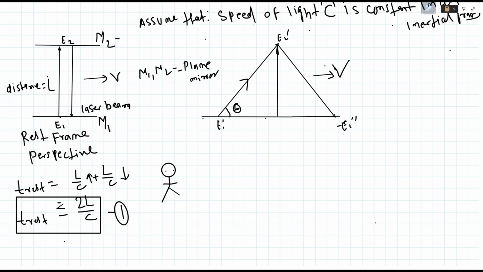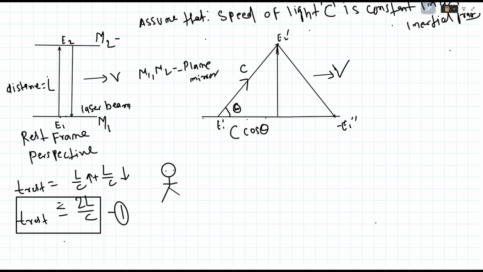If this is the speed of light c, then you can write the components: c cos theta, and that will be c sin theta. Now, here is a very intuitive way to derive the time dilation from this basic picture.